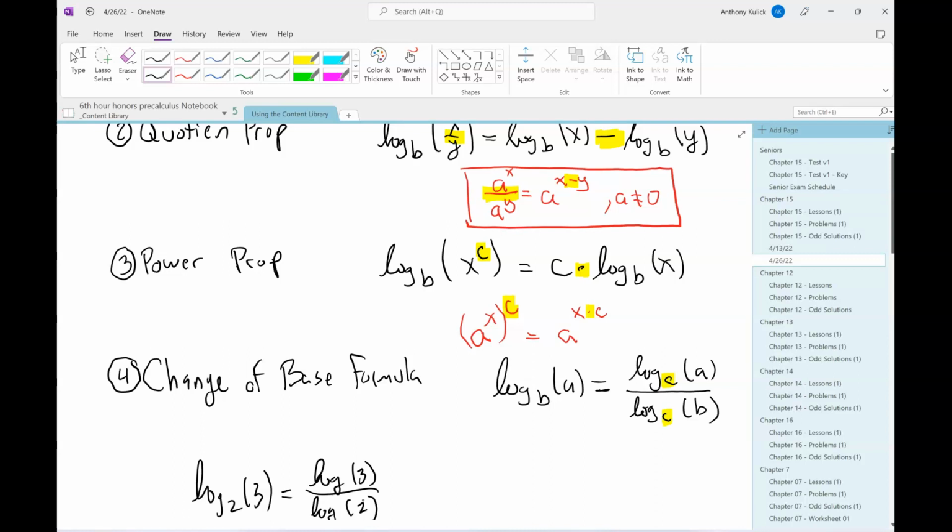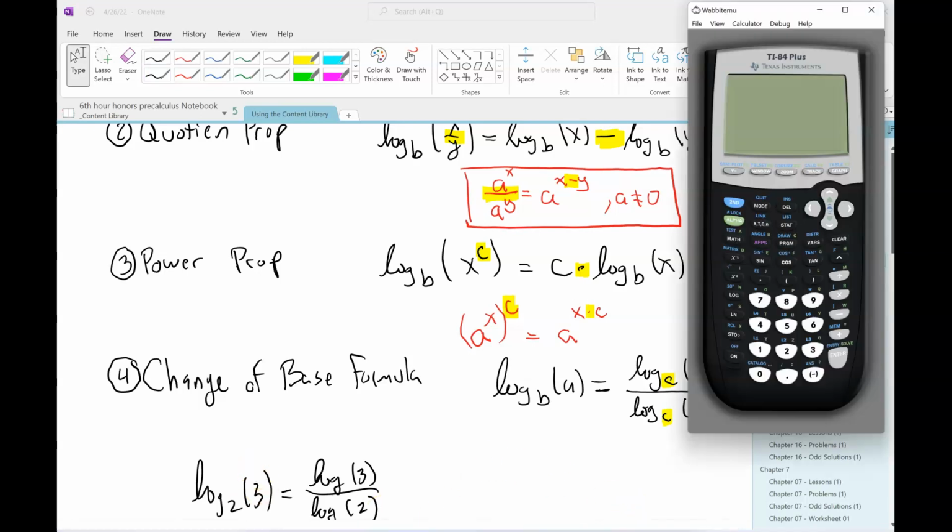By the time I was an upperclassman, a senior, a calculator with log on it was probably common enough, so you could do log 3 divided by log 2 on your calculator. But it was not until graphing calculators became common that you could do something like math, scroll to the bottom, find the log base, and type in log base 2 of 3 in your calculator and press enter and not have to hassle through the change of base formula.